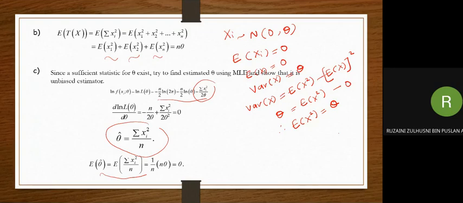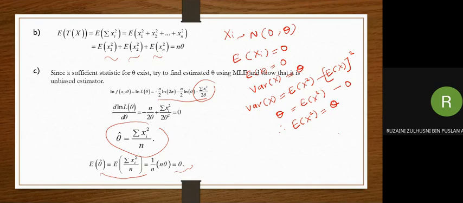It is a one-to-one function. So we prove that the expected value of theta hat is theta. That means the unbiased estimator of theta, which is your theta hat, summation Xi square over n, is also a function of the sufficient statistic. That's the third part.